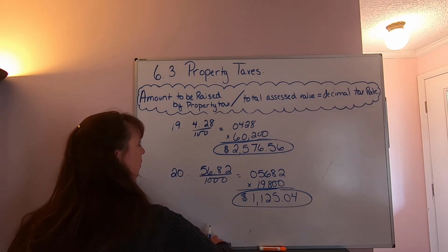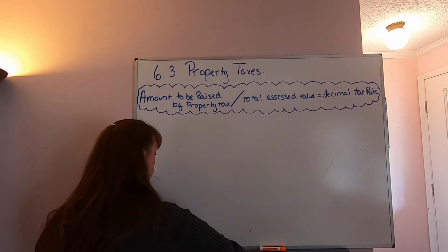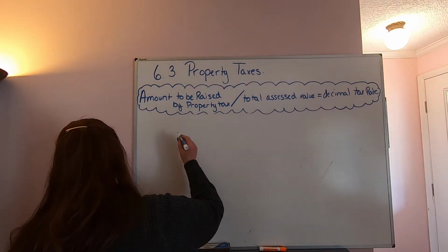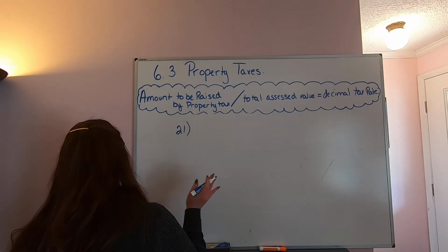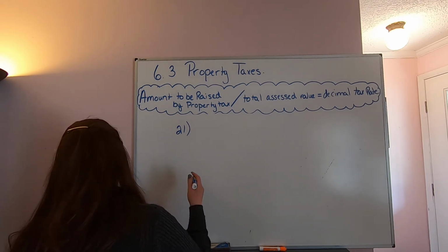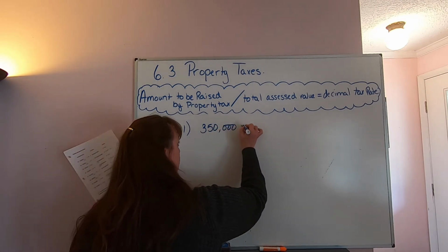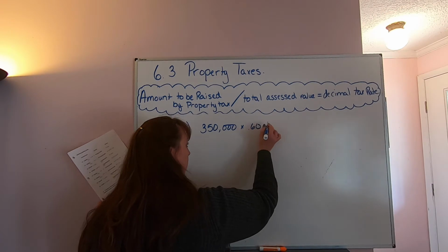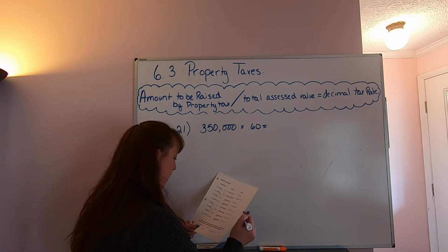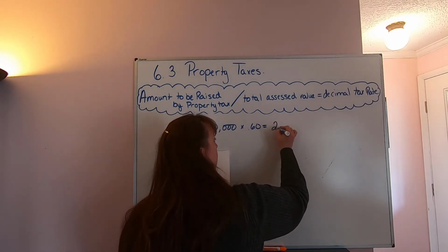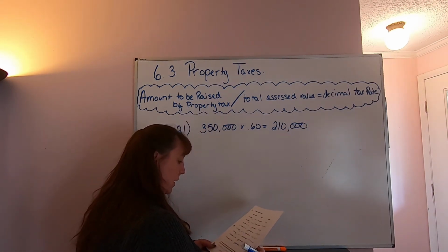Okay, so if the market value is $350,000, we've got to figure out what 60% of that is to find the assessed value. So 350,000 times 0.60, because we're going to move the decimal over 2 places, or use your percent key if you have a calculator that has that, gives you 210,000. That is going to be our assessed value.